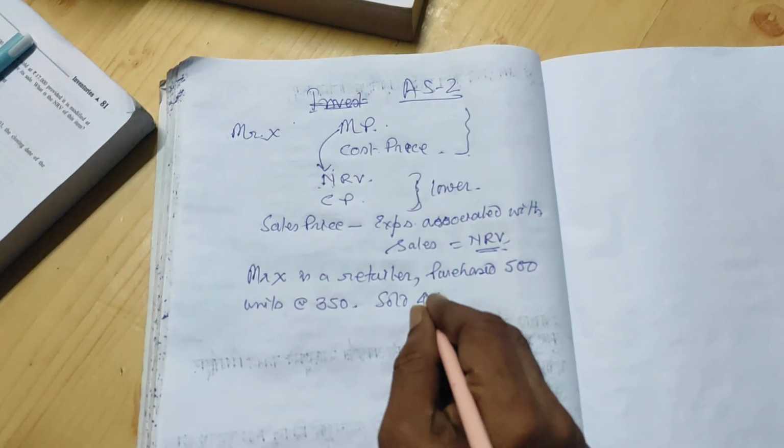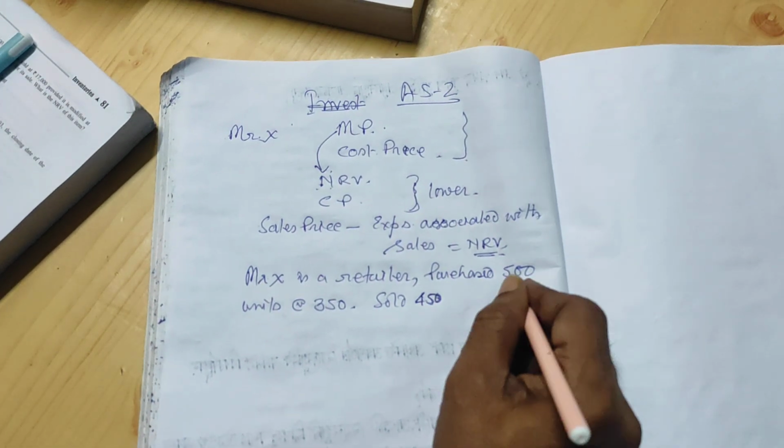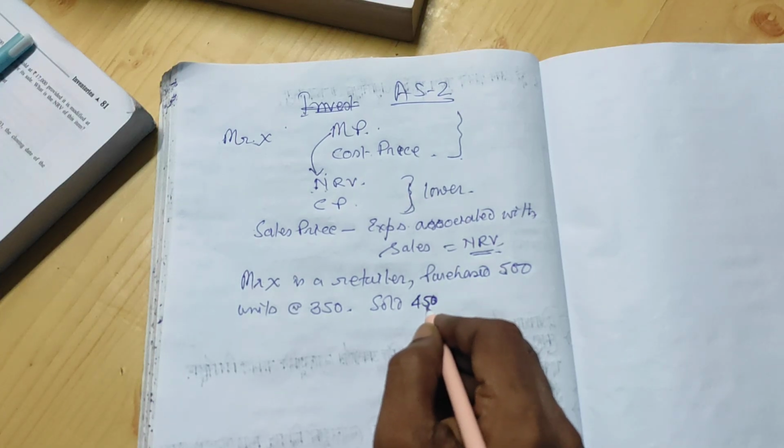So out of 500, he has sold 450. Your stock is only 50 units.